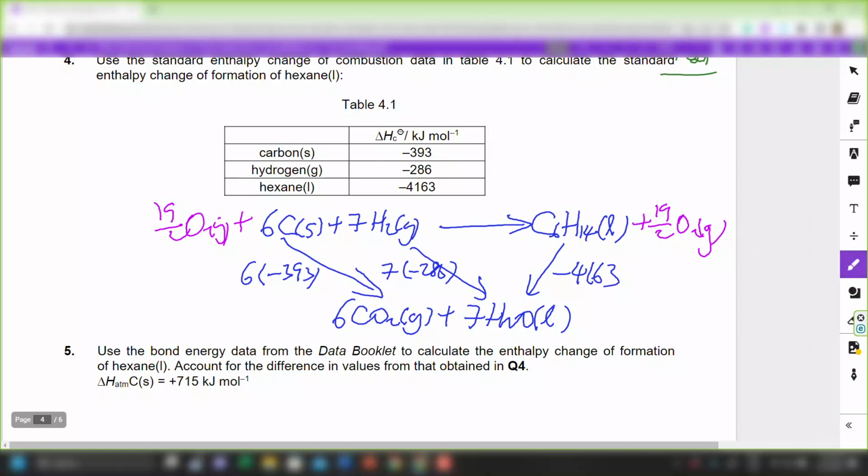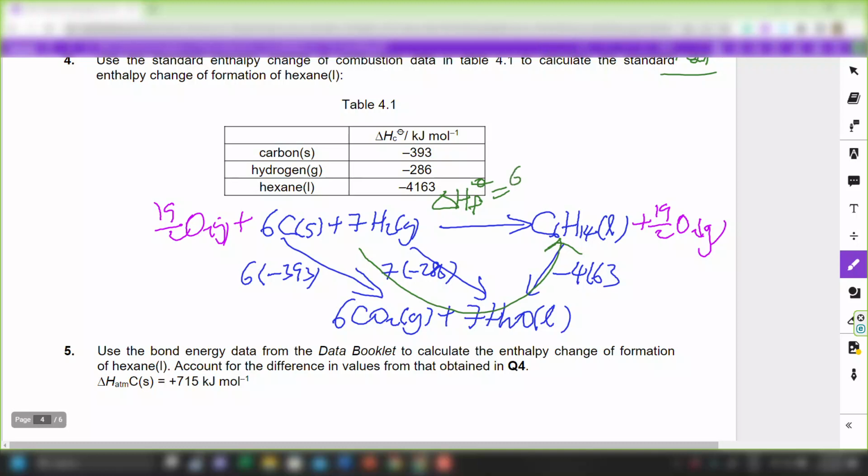Okay, so over here I'm defining the enthalpy change of formation of hexane. I'm just going to write it here because there's no space below. So again, just ensure that the coefficient is correct, just ensure that there's material balance, and then I'm going to go from left to right. If I'm against the flow of the arrow, I need to switch the sign. Along the flow of the arrow, no need to switch.